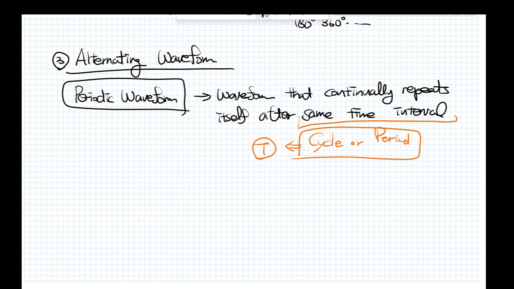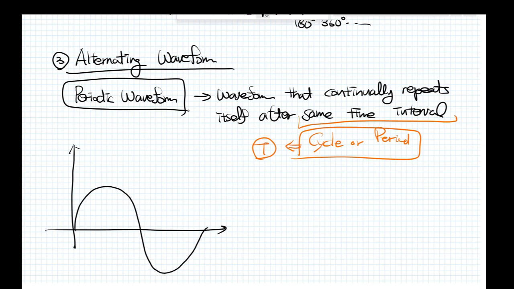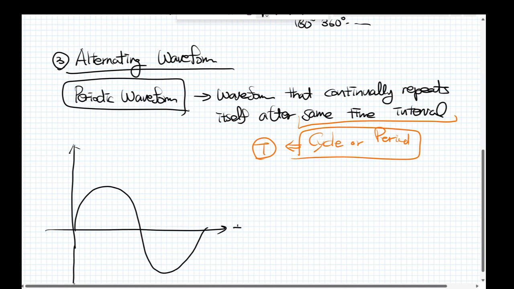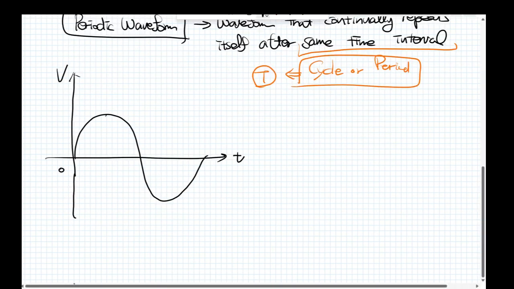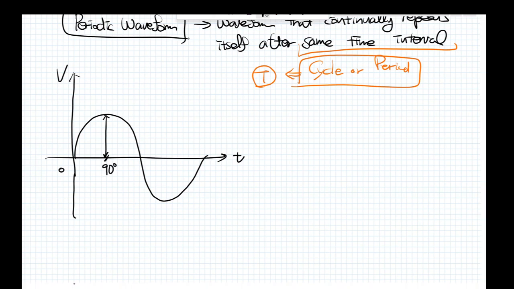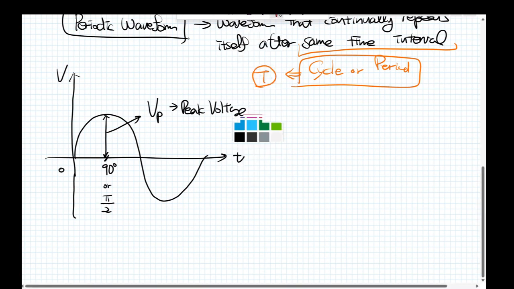So a sinusoidal waveform like this one here. This is the waveform here. If it has this time T here, that is V, the amplitude. So the peak voltage to the 0, usually at 90 degrees, or sometimes in radians, pi over 2 here, we're going to call the peak voltage. And then the red one, right there.